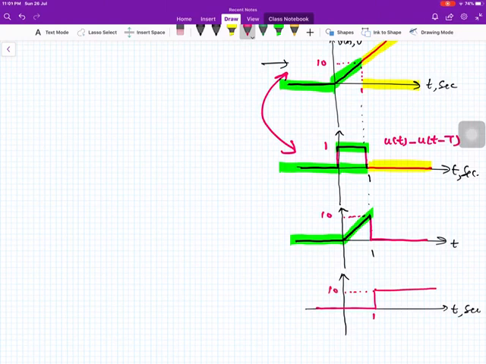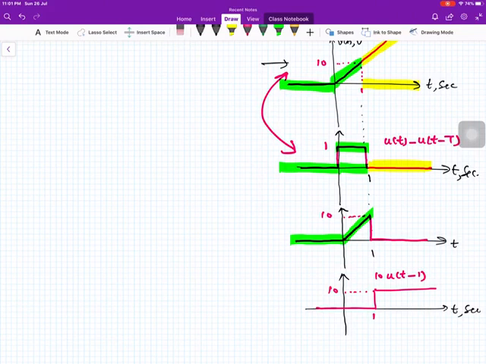What is this function? This is 10 u(t minus 1), because originally the origin was here and we have shifted the origin to the negative side over here, remember. Therefore, it is 10 u(t minus 1).